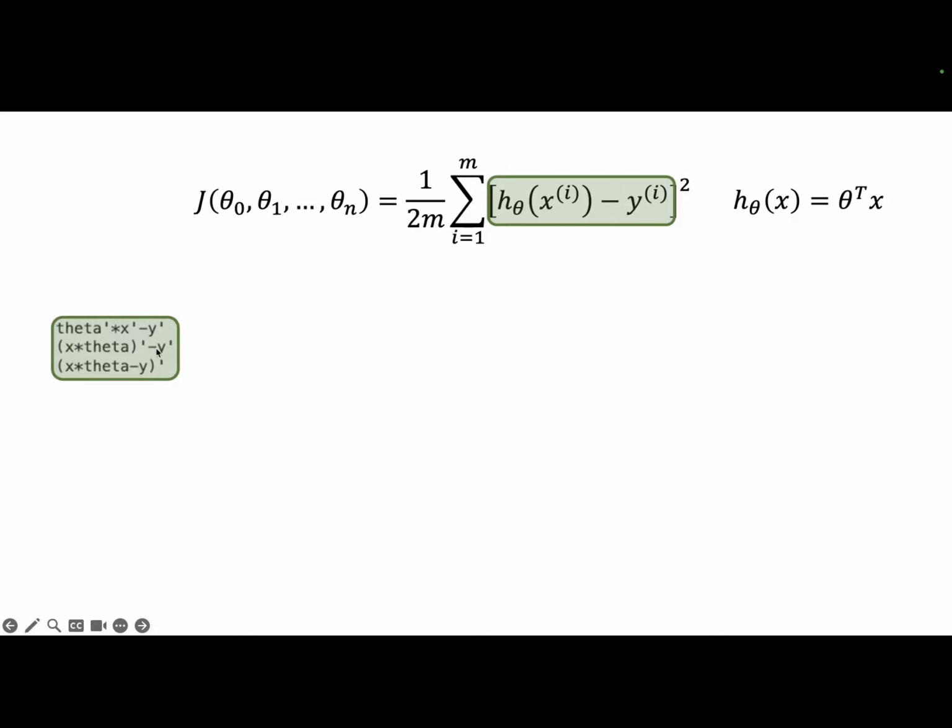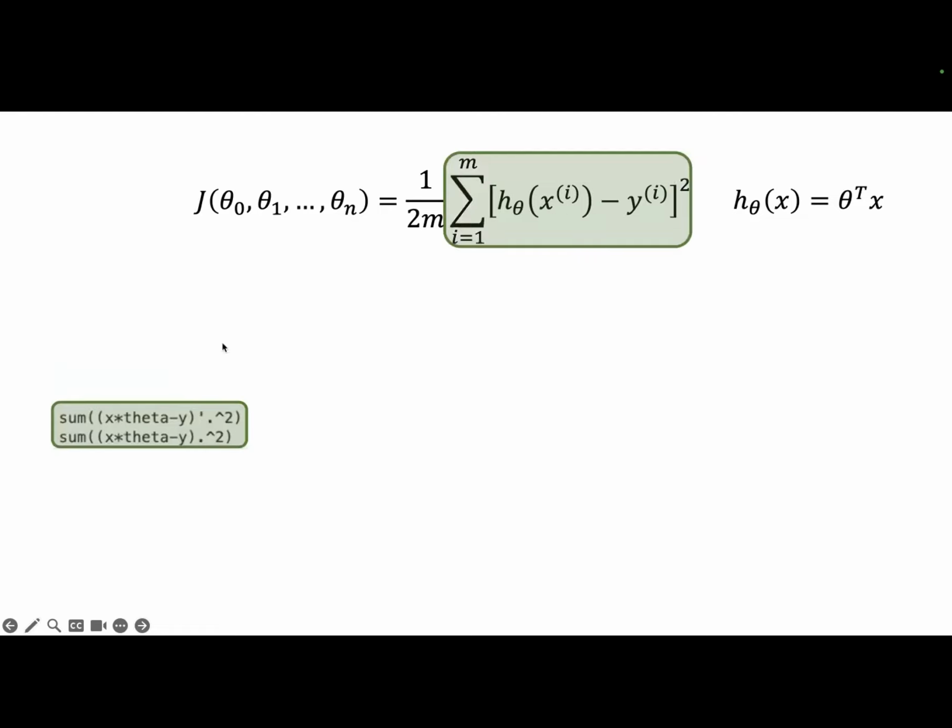Okay, minus y transpose. At ganun din, pwede nyo ilabas yung transpose, pero hindi nyo na kailangan baliktarin ito. So, x times theta minus y, and then saka nyo kunin yung transpose. Okay? So, this is a simplification of this.